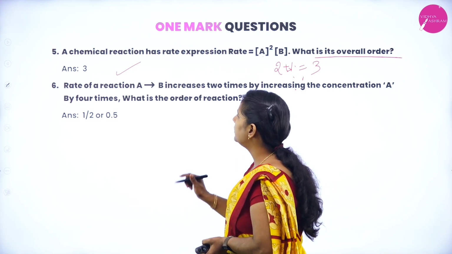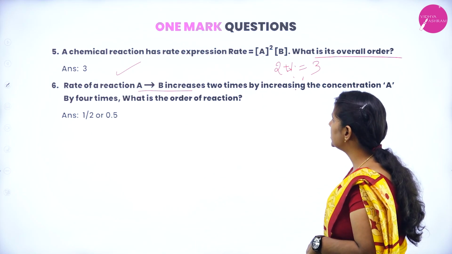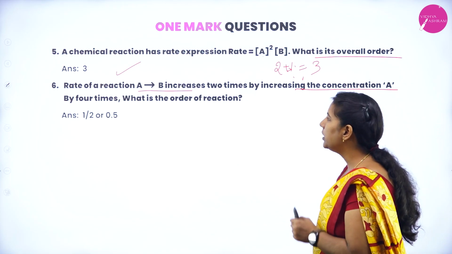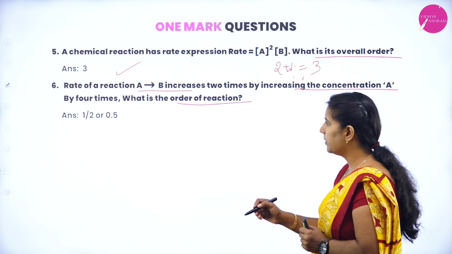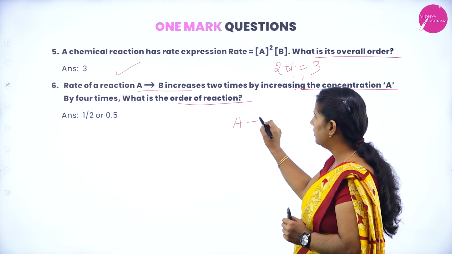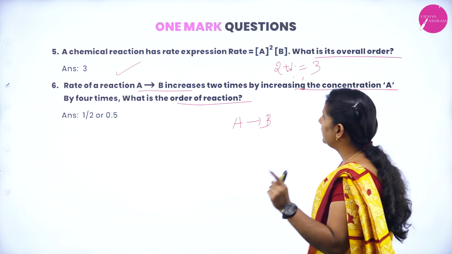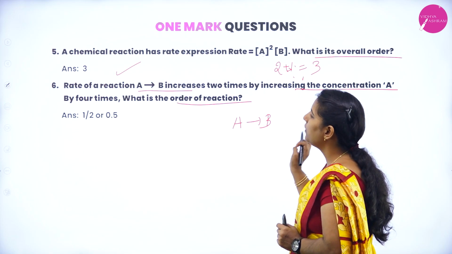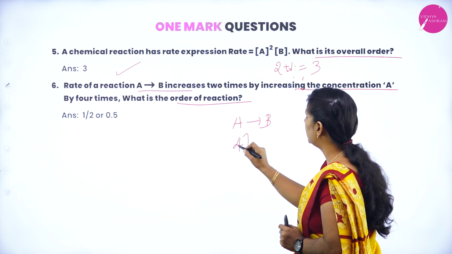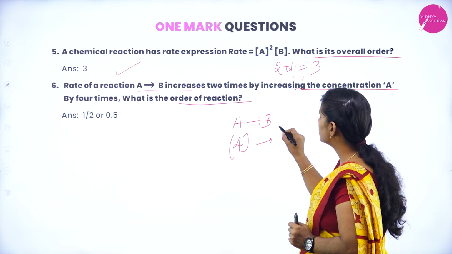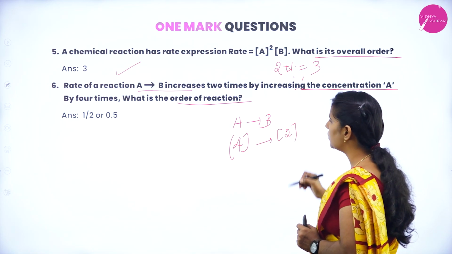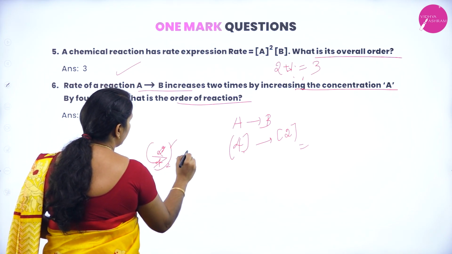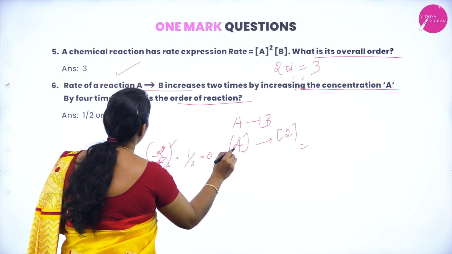Okay. The rate of the reaction A gives B increases 2 times by increasing the concentration of A by 4 times. What is the order of the reaction? Here they are mentioning that the concentration is increased 4 times and the rate increases by 2, so the order is 2 by 4. 2 ones are 2, 2 twos are 4, so it is 1 by 2, which is nothing but 0.5.